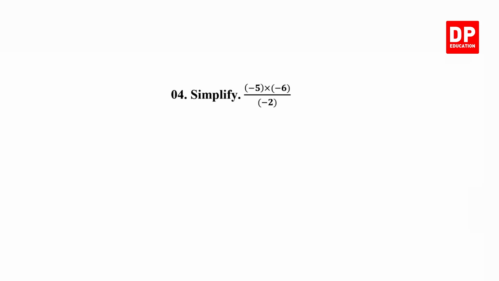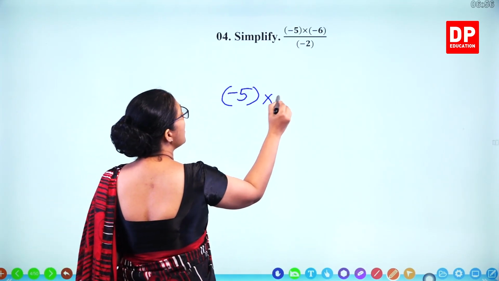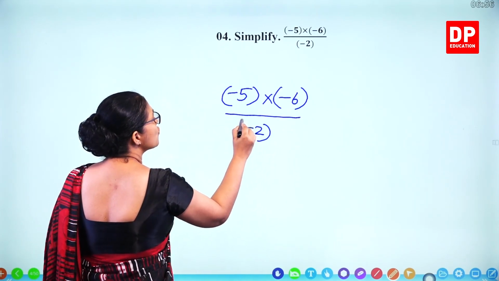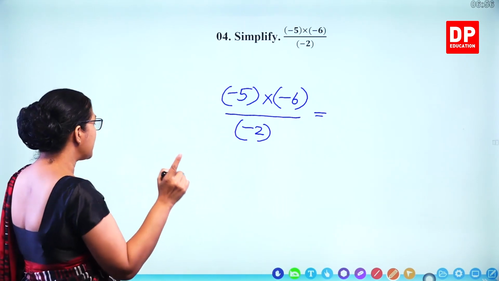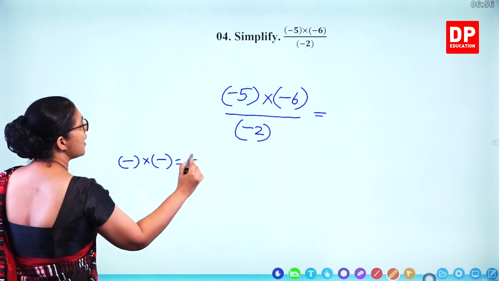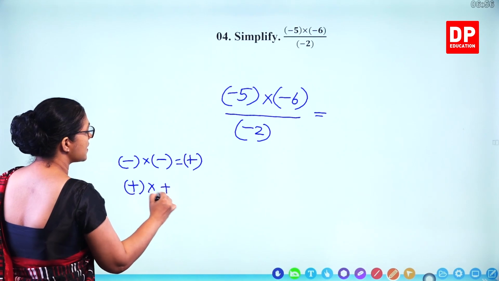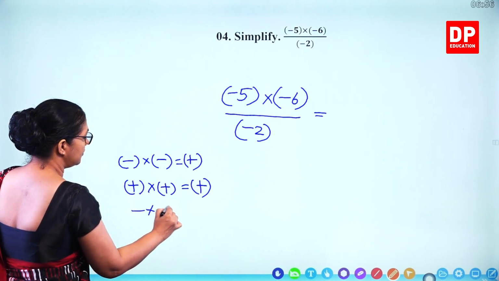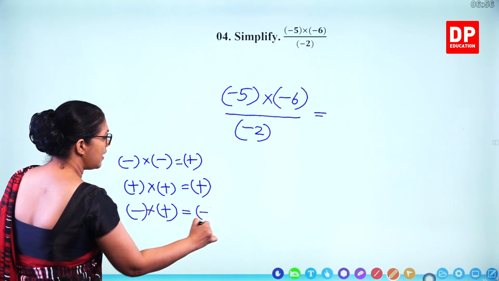Question number 4. Simplify: minus 5 times minus 6, and then divide by minus 2. So minus times minus. With either multiplication or division, what happens? Same sign, you get plus. Plus times plus is also plus. If you get different signs, minus times plus, you get negative.